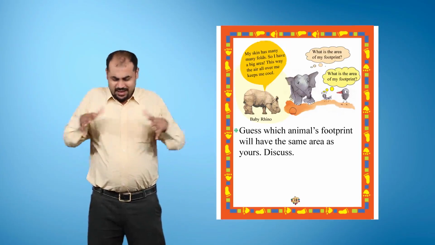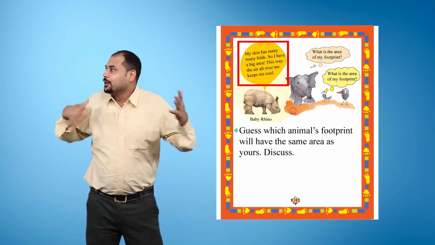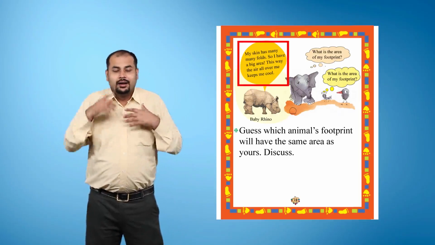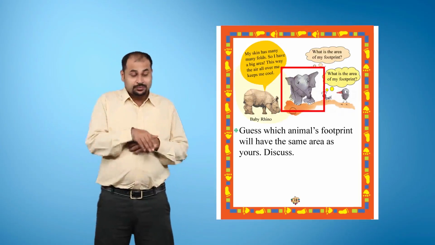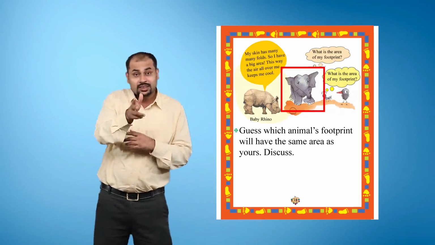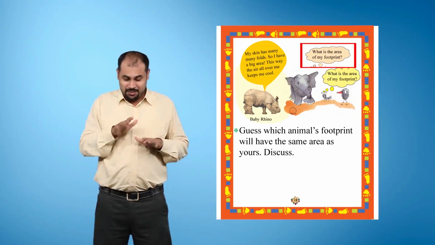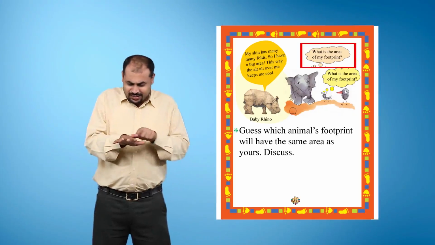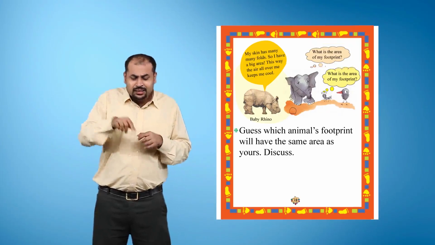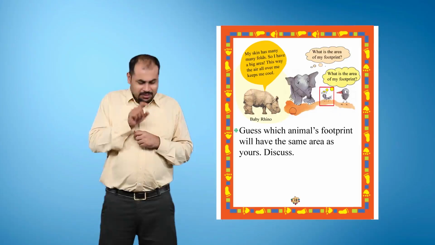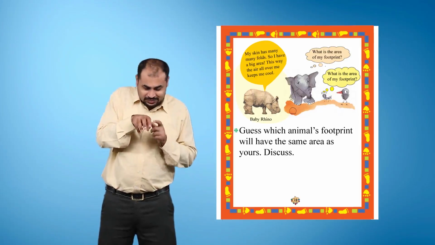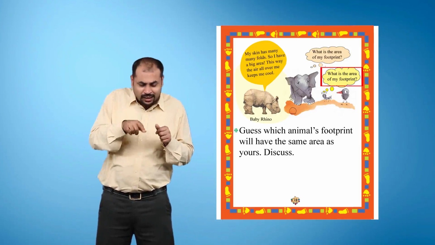This way the air all over me keeps me cool." An elephant is asking us, "What is the area of my footprint?" Next to it we have an ant asking us, "What is the area of my footprint?"